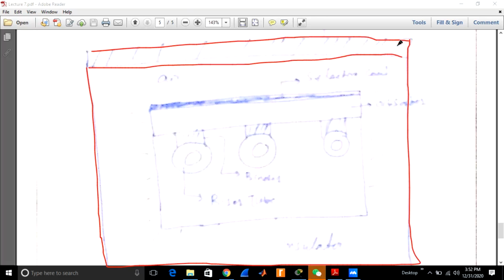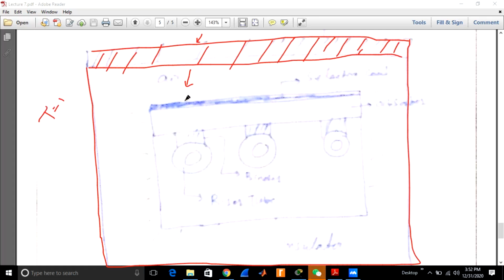Why do we use this glass cover? Number one, for protection, and second, it is transparent and its transmittivity is 1. What is meant by transmittivity being 1? When the sun rays come here, they will transmit all the way through.